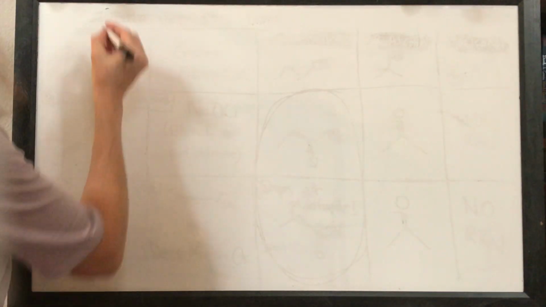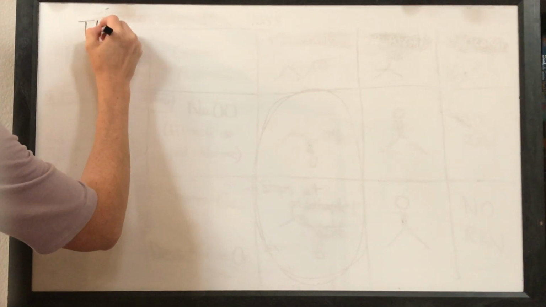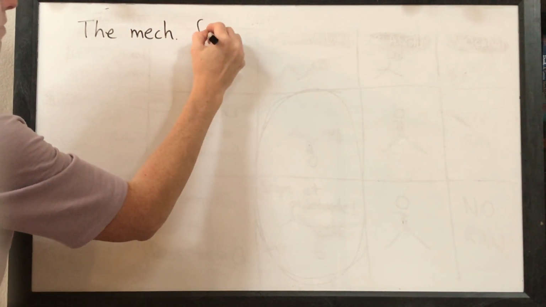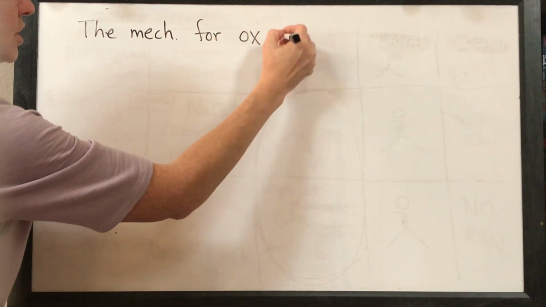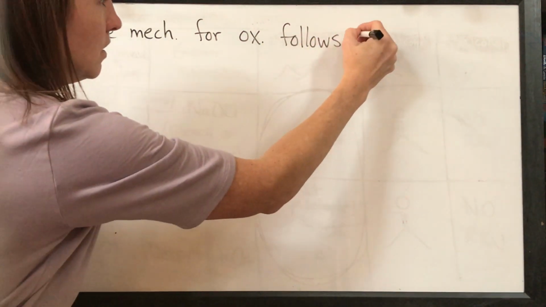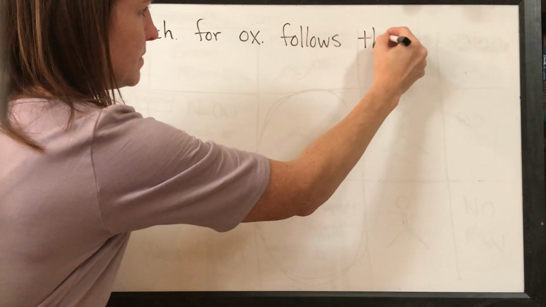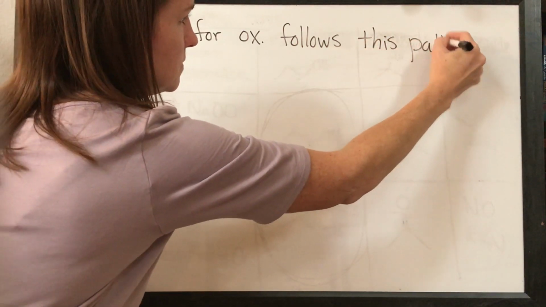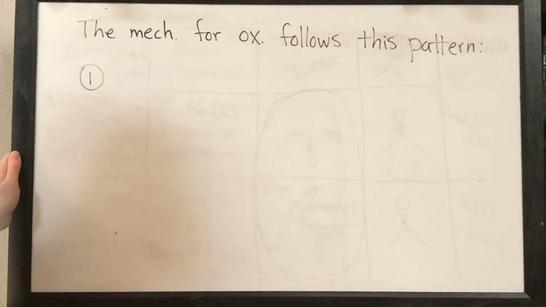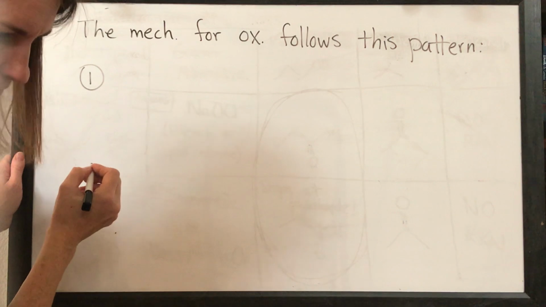Okay, so the mechanism for oxidation follows this pattern. So the first thing that always happens is that something attaches to the oxygen that is a good leaving group.